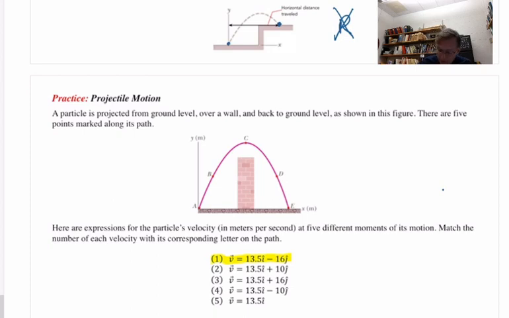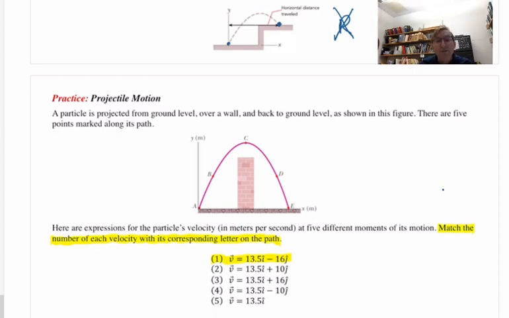Here's what we want you to do. Match the number of each velocity vector with its corresponding letter on the path. For example, velocity number 1, v arrow equals 13.5 i hat minus 16 j hat.